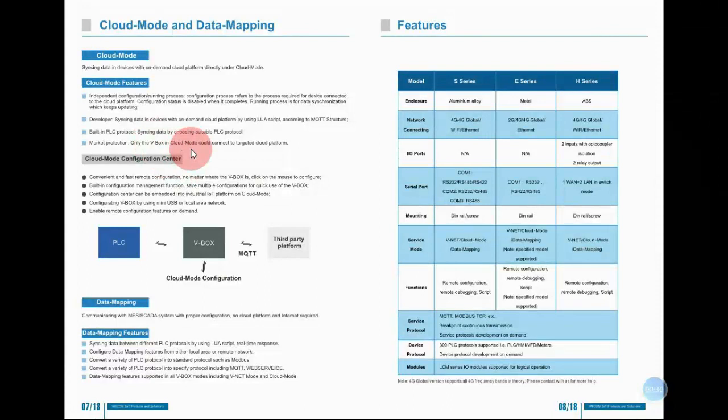The key idea of the cloud mode is that it is not going to use vBox, VNet, or our cloud anymore. It uses a third-party platform, third-party cloud or server.